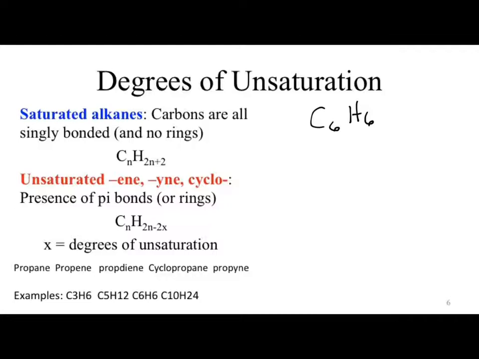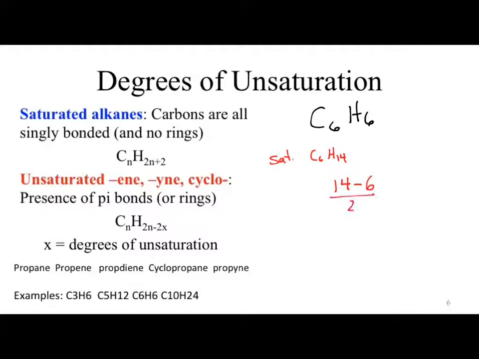Okay, so let's go through and do our same ideas of trying to figure out our degrees of unsaturation. The first thing we're going to have to do is figure out how many hydrogens should have been in our saturated formula. If it was saturated, we'd have C6H14. So to do our degrees of unsaturation, we'll take our 14 hydrogens minus the hydrogens from our actual formula, which will be 6.